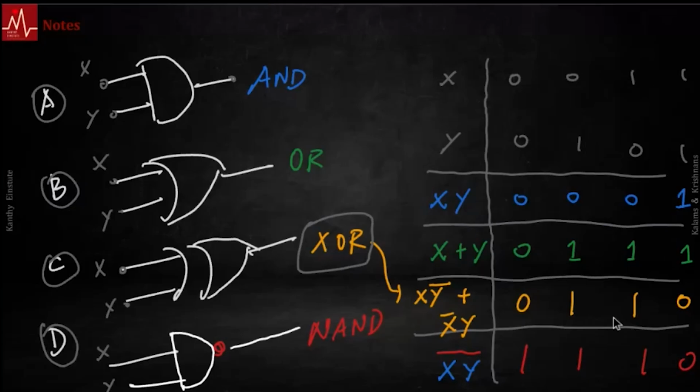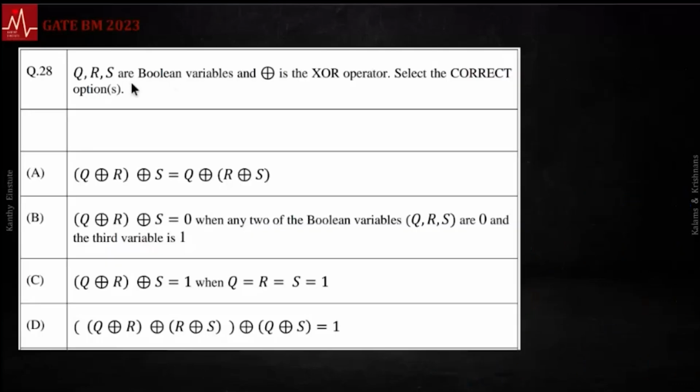This is output positive, right? Just remember that bit. So with that, we can answer a few more questions, right? Boolean variables, XOR operator. You can either write complements that way or you can write complements this way. To be consistent with what we have been writing so far, it's this. That's the XOR operator.